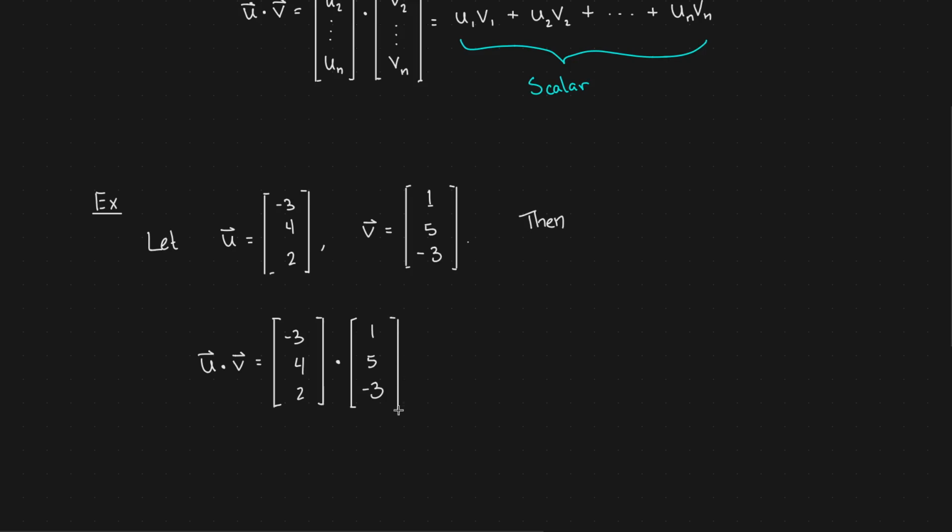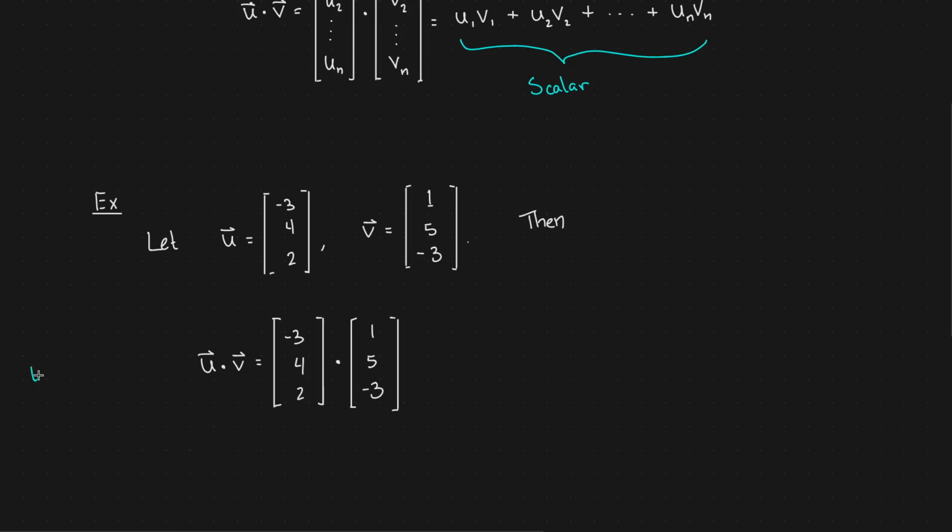And I just want to emphasize with this dot product, the dot is not optional. With normal numerical multiplication, 2 times 3 is the same as 2 dot 3, which is the same as 2 parentheses 3, all the same thing. That's not true with vectors.